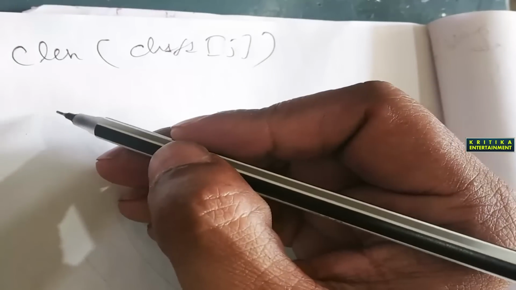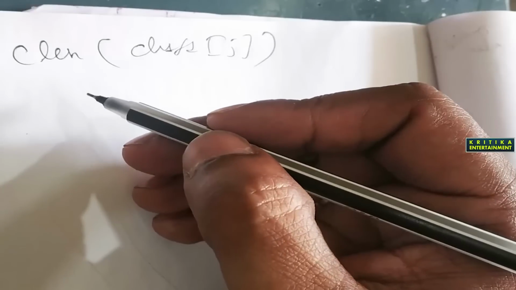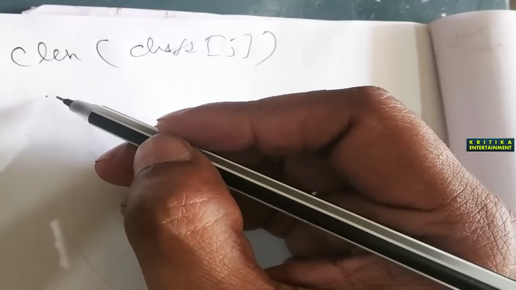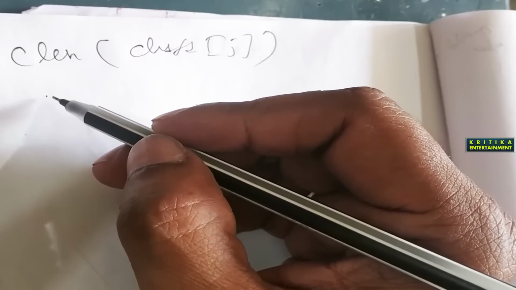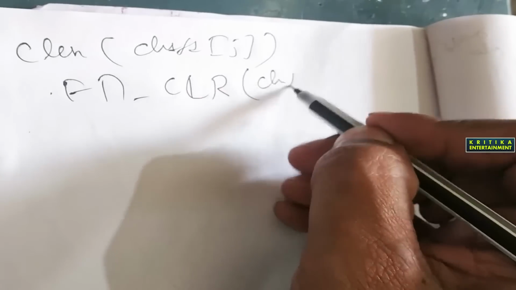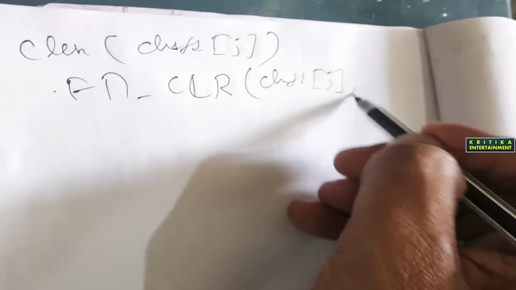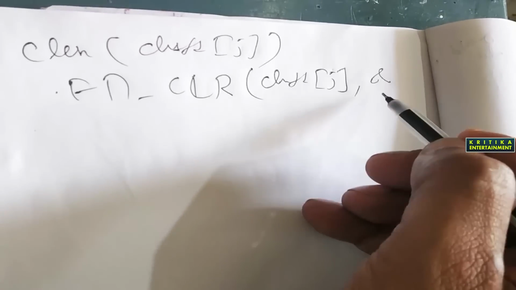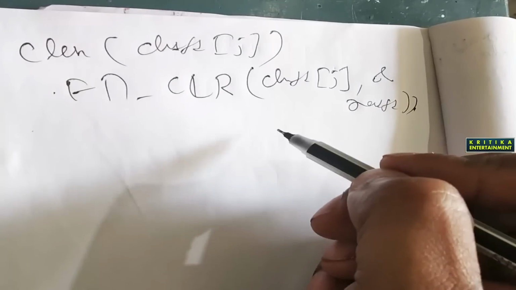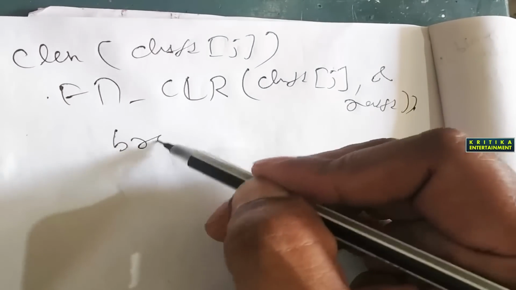It should be removed from this FD set. So what will we write here? Now FD_CLR, then client FD j, ampersand read FD. Then we put the break.